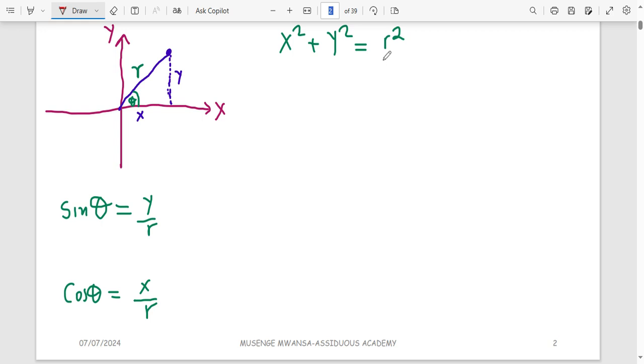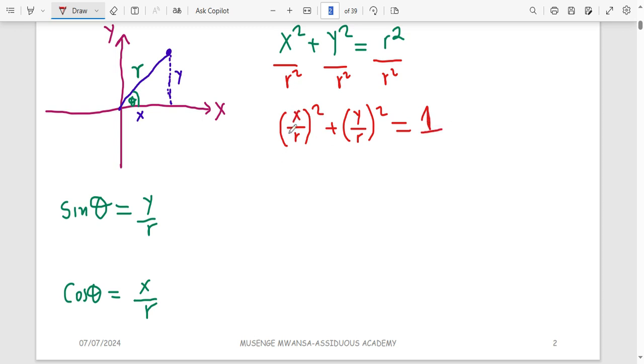Let's come back here. I want to make this side a 1, so I'll divide everything by r squared. Because we have x squared on top and r squared below, I can say this is x over r, all squared. And y squared over r squared is y over r, all squared. And r squared over r squared is 1.